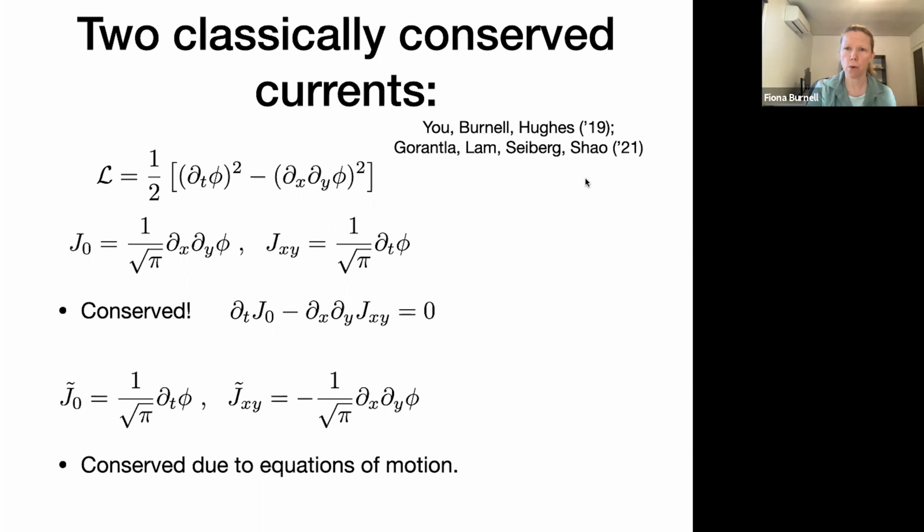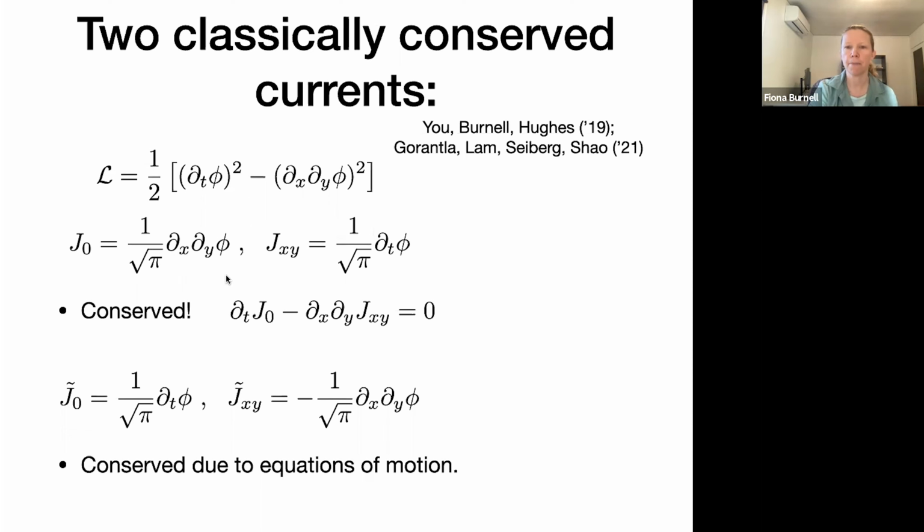And so what Nathan Seiberg and collaborators pointed out is that this model also has 2 classically conserved currents. It's very closely analogous to the 1D example that we just did. One current, the analog of the electromagnetic current, has as J0 this dx dy phi, and then it's a 2-component current, and the spatial component we'll just call jxy, and that one is proportional to dt phi.